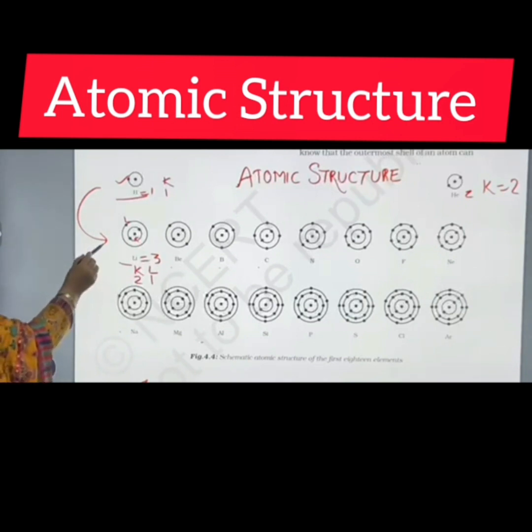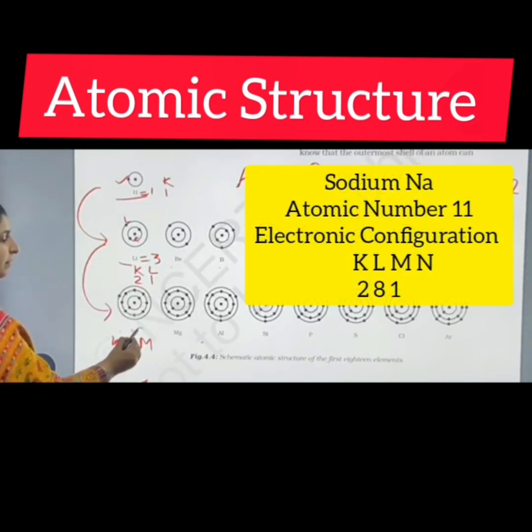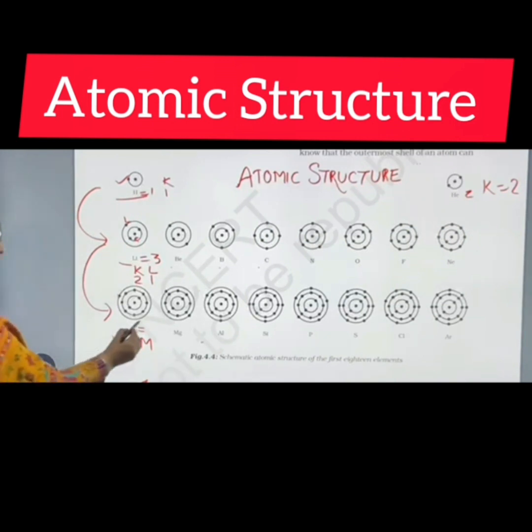And similarly from lithium to sodium, there is the presence of 1 more shell, that is K, L, and M, because the atomic number of sodium is 11. So 2 electrons in the K shell, 8 electrons in the L shell, and the M shell has 1 electron. Once the K and L shells are completely filled, it will reach the M shell.